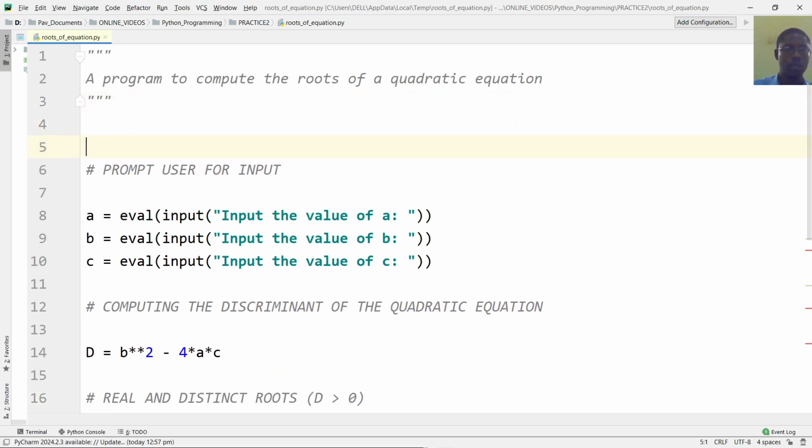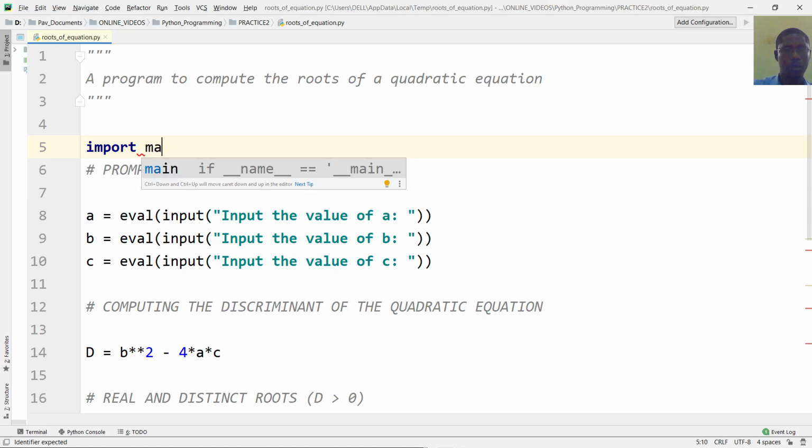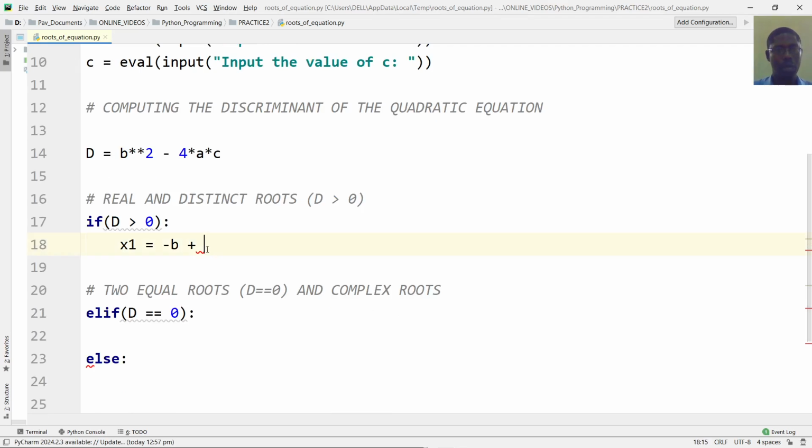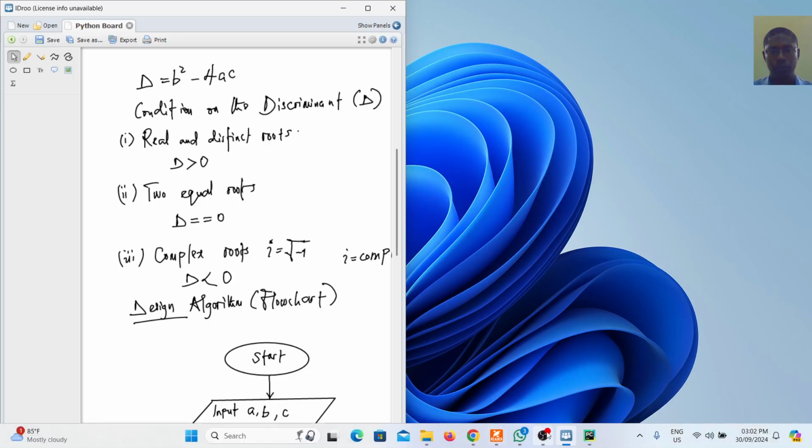At this point we can import math, so that we now have square root. That's going to be math dot sqrt.